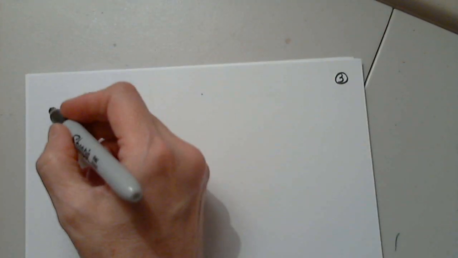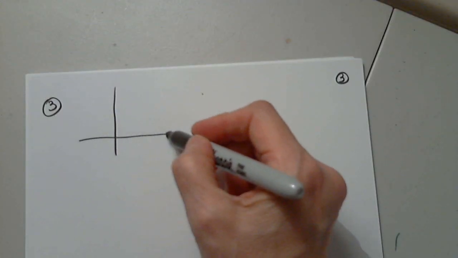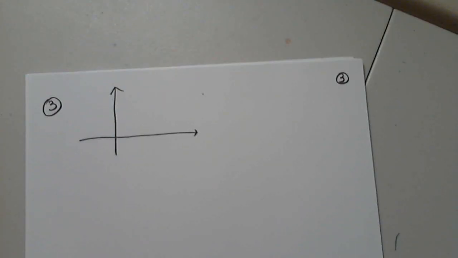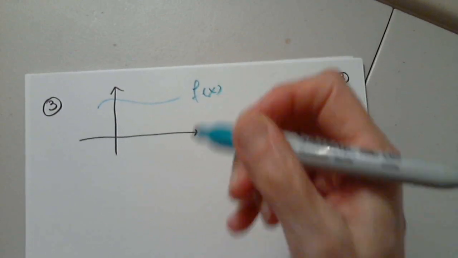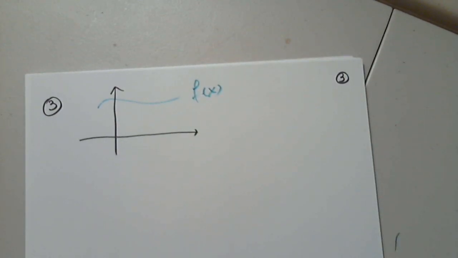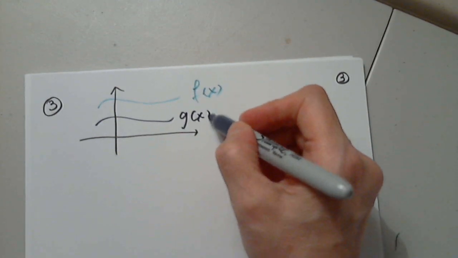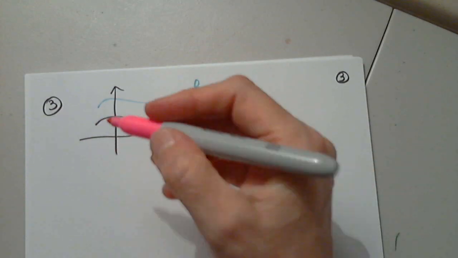Other property, property 3. So let's say now we have two functions. We have function f of x, continuous of course. We have function g of x, continuous of course. Of course, our special a, b.